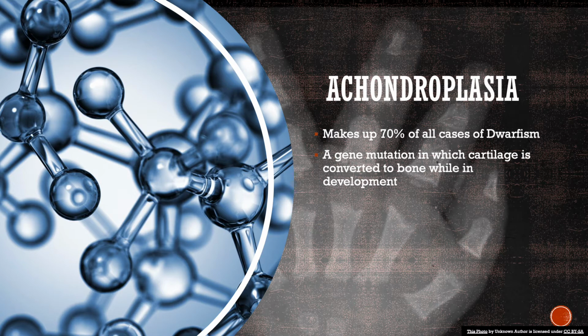Typically this will occur in long bones, hence the short stature in the limbs. Achondroplasia is an autosomal genetic disease where there is an arginine to glycine substitution on the short arm of chromosome 4. And with this, growth factors from this mutation are messing with the signals of growth plates in the long bones.